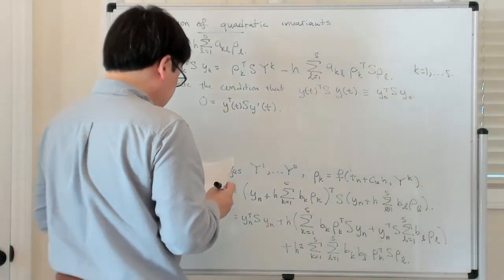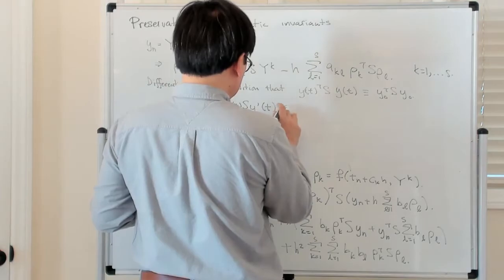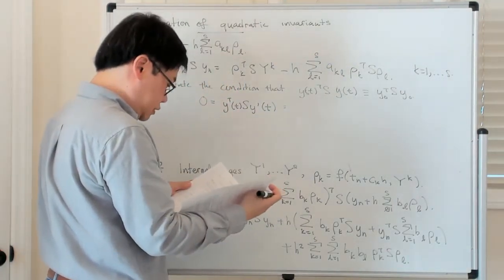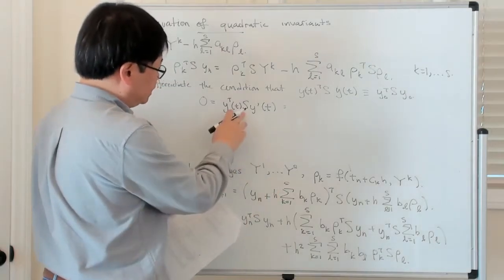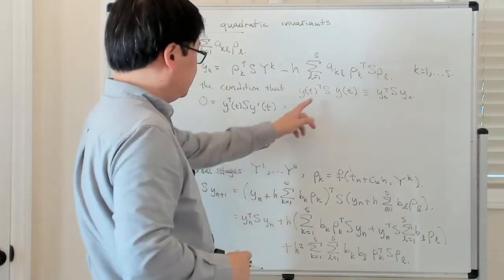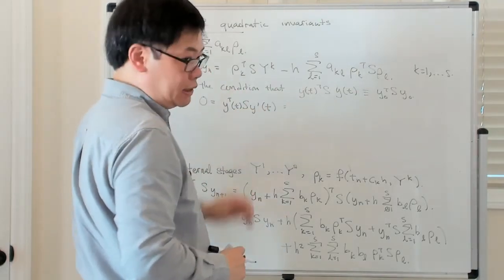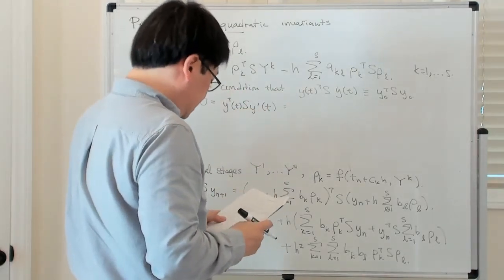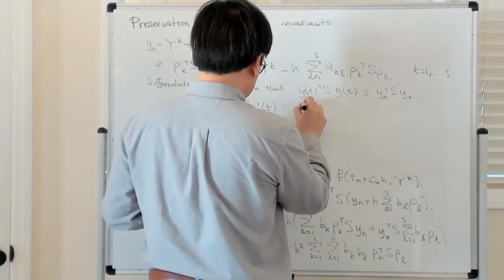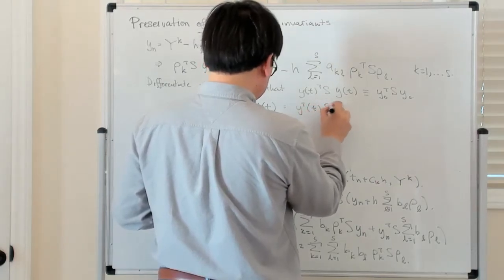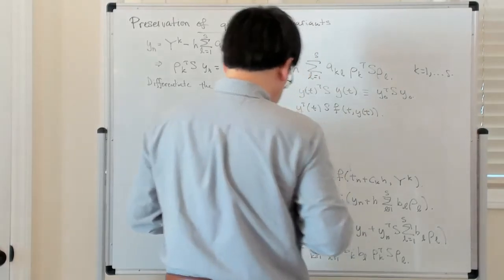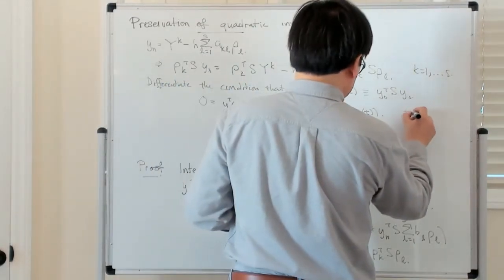Okay, and here, of course, we use the fact that S is symmetric, because otherwise you would have two different terms when you do the derivative with the product rule. So you get y transpose t S f of t y of t, and this is true for t greater than or equal to 0.